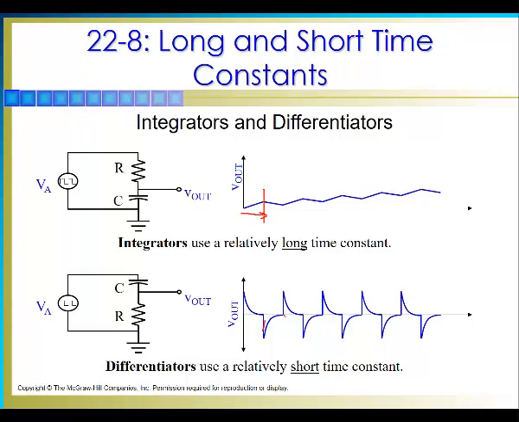So these are the effects on the voltages. This one is the voltage on the capacitor, the voltage out, when you have a relatively long time constant. And when you have a very short time constant, let's say we want to measure the voltage on this resistor, we take it from here, and it will be like that.